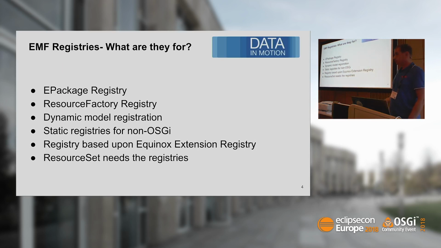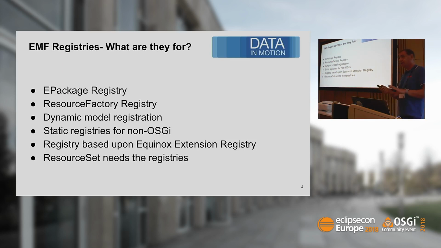They are used for model registration in general, even for dynamic model registration, which is possible too if you don't want to generate code in EMF. And there are static registries for non-OSGi environments, and there's also an Eclipse extension registry-based EMF registry.